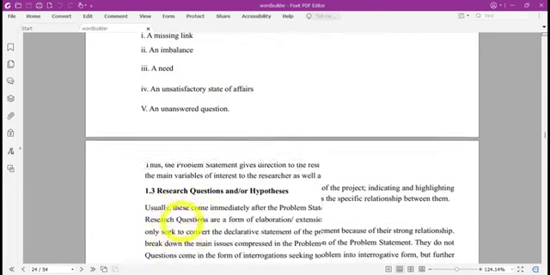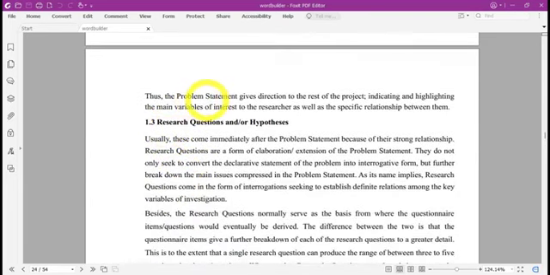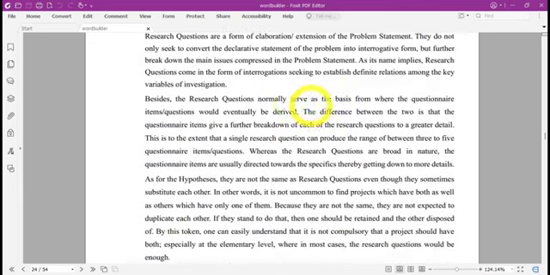Thus, the problem statement gives direction to the rest of the project. It's like a light shining to show you the rest of the tunnel. It indicates and highlights the main variables of interest to the researcher, as well as a specific relationship between them.